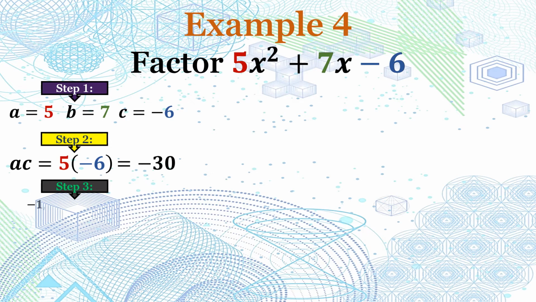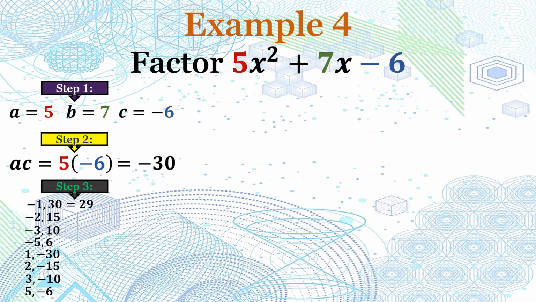So the factors of AC are negative 1 and 30, negative 2 and 15, negative 3 and 10, negative 5 and 6, 1 and negative 30, 2 and negative 15, 3 and negative 10, and 5 and negative 6. So let's add each pair of factors.